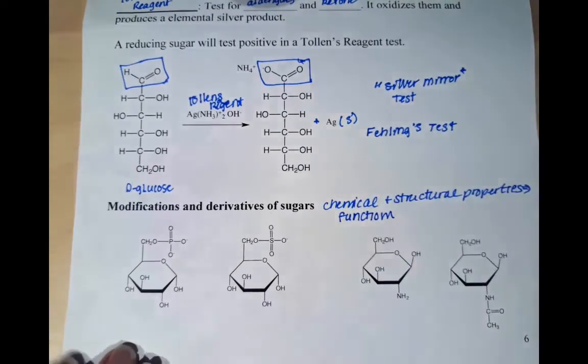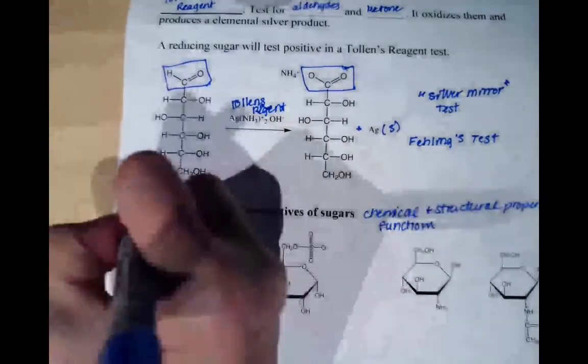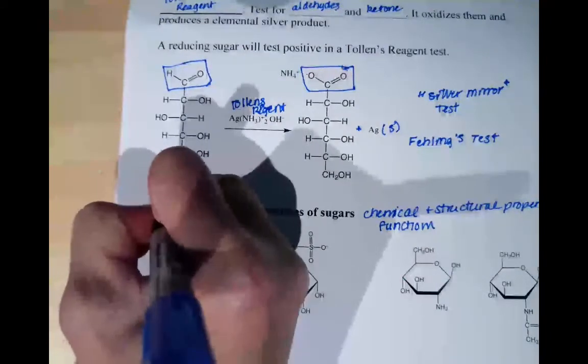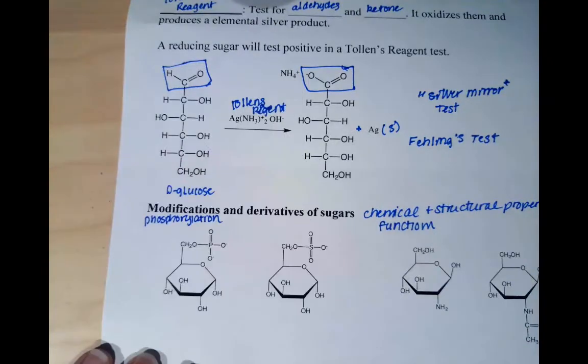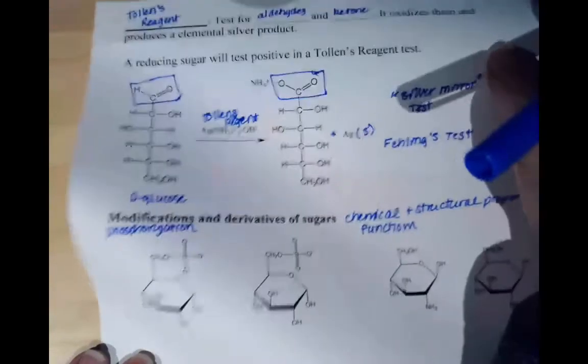So a common modification we'll see is phosphorylation. And that's something we'll often see in metabolism.